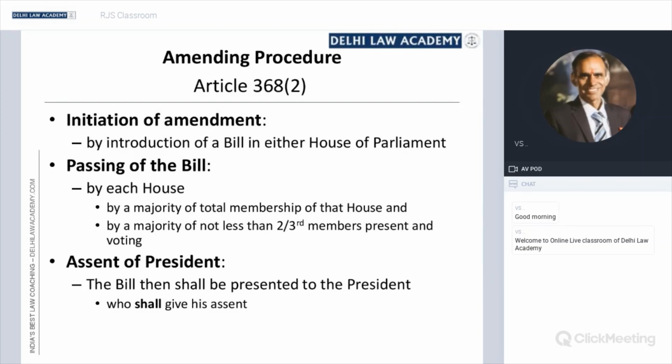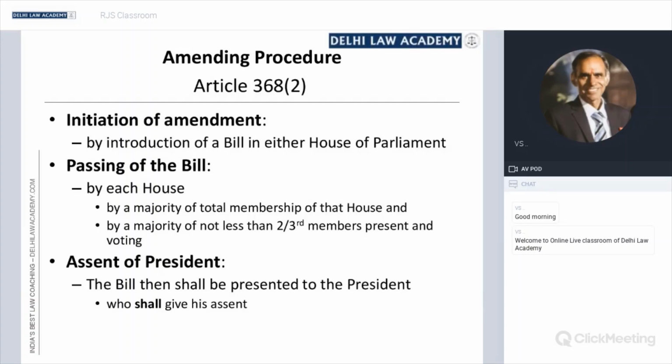That is, for passing of the bill in each house, and the bill has to be passed in each house separately. There is no provision of a joint session. So each house has to pass the bill separately, and each house has to pass the bill with this specified majority, which is in two components: majority of total membership of the house and a majority of not less than 2/3 members present and voting.